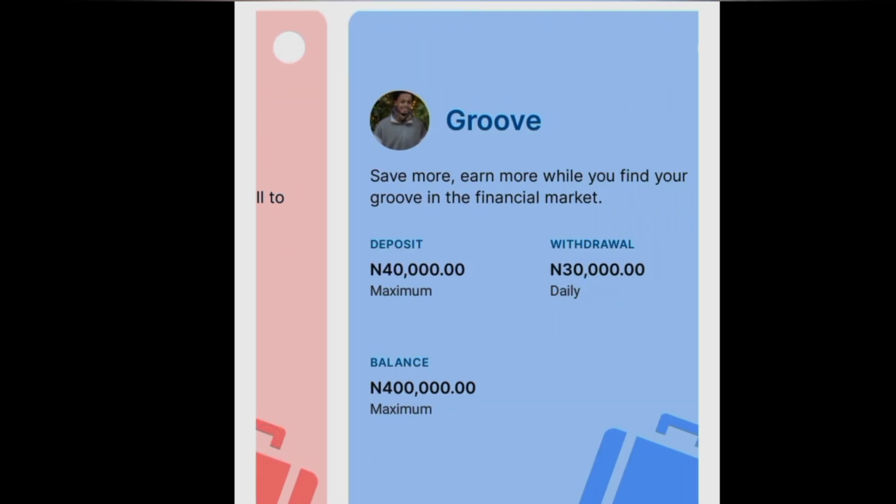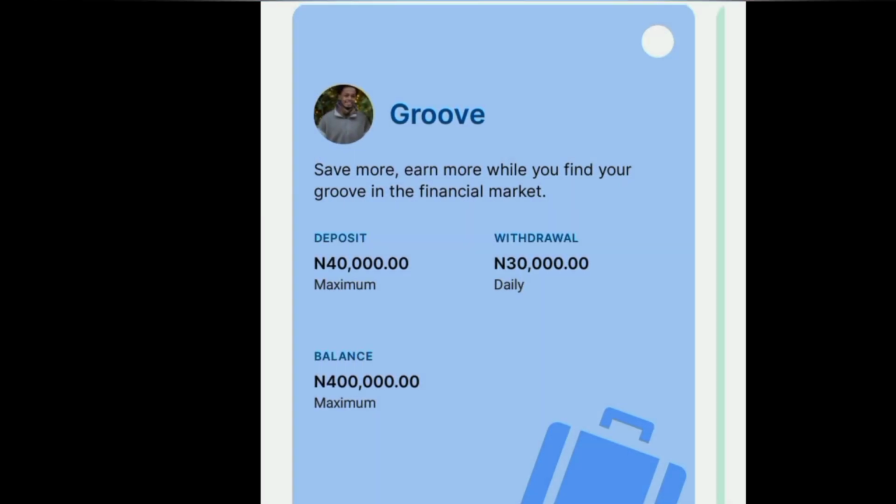Then the next one, if you come to Groove, scroll your hand to see the next thing on the right-hand side of your phone. It will take you to this Groove where you will see 40,000 deposits, withdrawal 30,000, balance 400,000. This particular account can only contain and work within the range of this amount that you are seeing here. So if you choose this, this is what your account can work with.